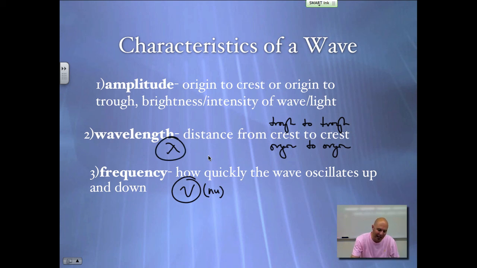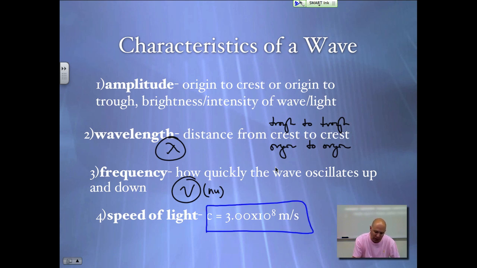Okay. And the last little thing I want to mention about a wave is the speed of it. We're talking about electromagnetic waves, so the speed of light. We're going to talk about light waves. The speed of light, its variable is c. I've seen s before, but the variable is c. The units are meters per second.